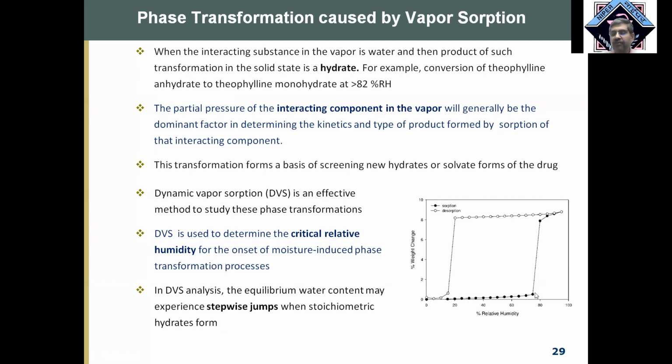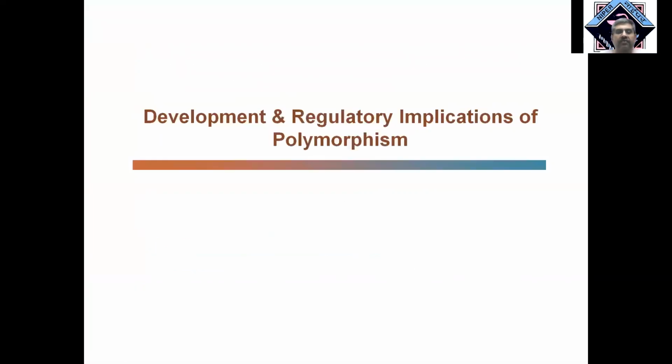At the relative humidity of around 80%, there is a step change in the sorption by the formation of a hydrated form, while the desorption takes place at a much lower relative humidity at around 15% RH. There is loss of this particular water which was gained for the formation of the hydrated form.